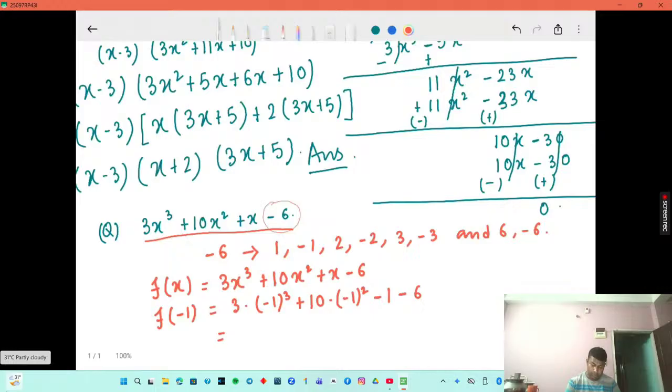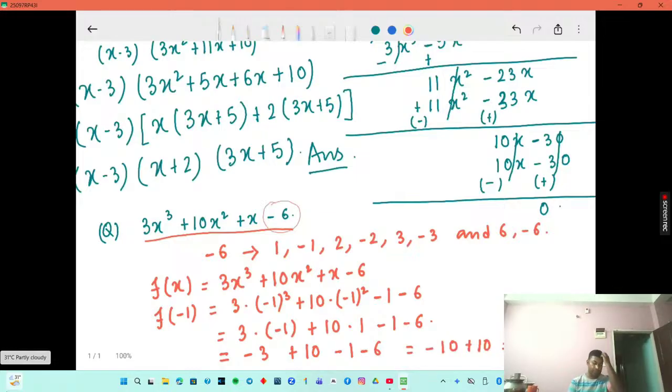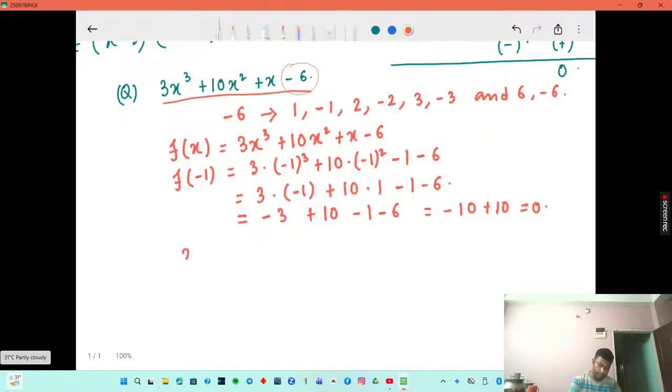If any negative number comes with an odd power, it stays negative. So that is minus 3 plus 10 minus 1 minus 6, which is equal to 6 minus 1 is minus 7, and minus 3 is minus 10 plus 10 is equal to 0.